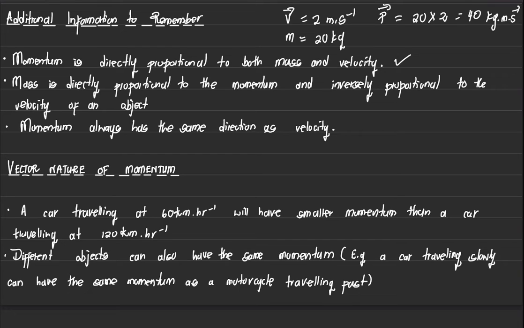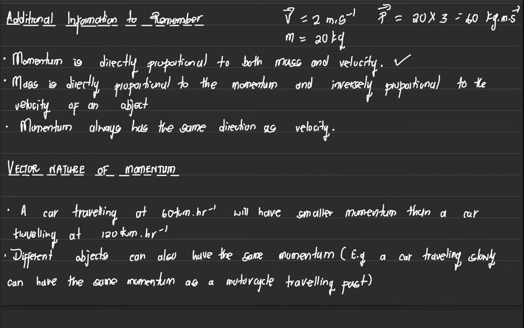And then if you increase the velocity of this car to maybe 3 meters per second, you can see that you are going to have momentum which is equal to 60 kilograms meters per second.